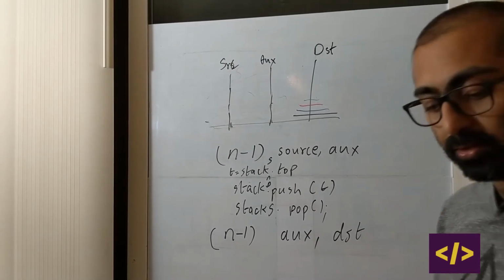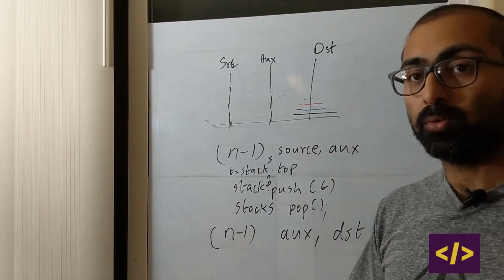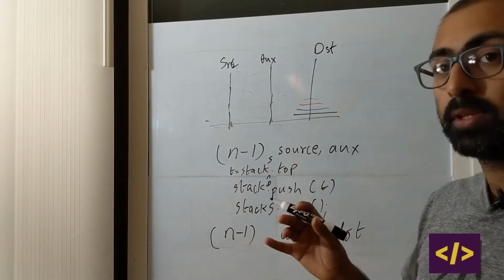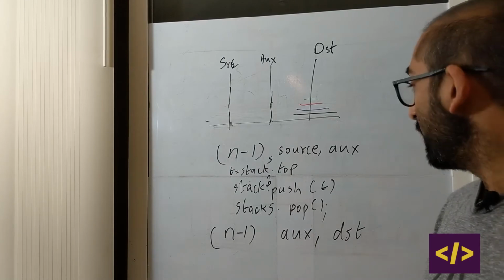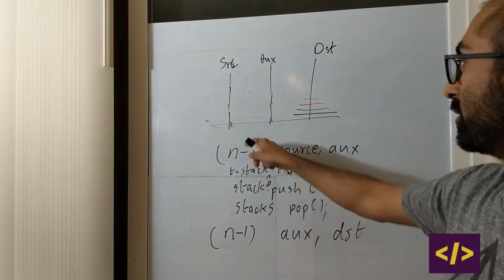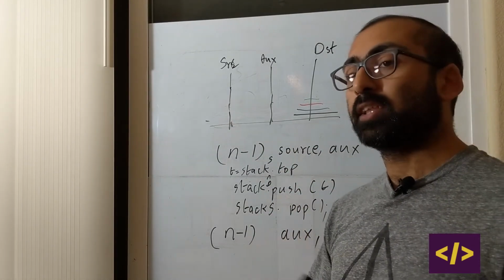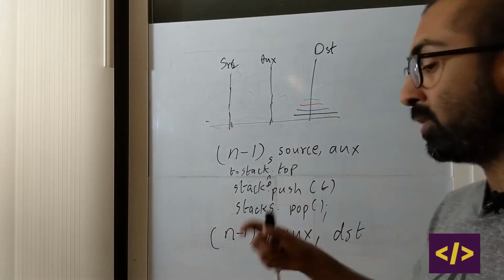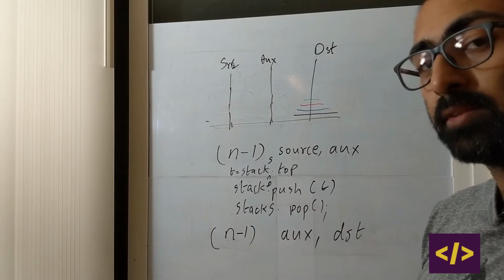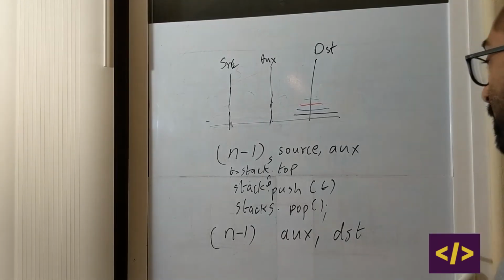Now the important thing to note here is the part where we're taking n minus 1 nodes or rings and taking it from the source and then moving to the auxiliary, and then we do some operation where we move the last ring, the heaviest ring, the fattest ring, and move it to the destination, and then we go back and take those rings that were lighter than the fattest ring, and then move it also to the destination.